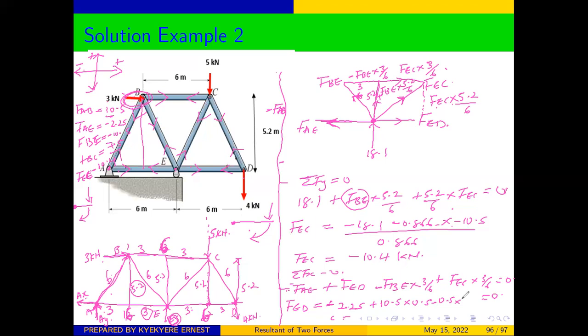It was negative, and FEC from here was positive, so when it crosses the equal sign, it is going to give us negative 10.4. And from there, our FED will be equal to negative 2.25. Good.